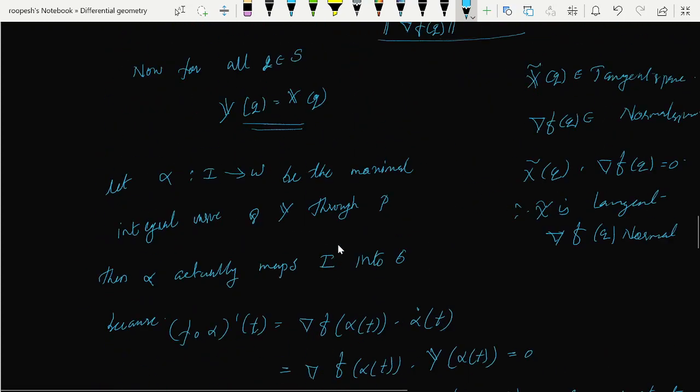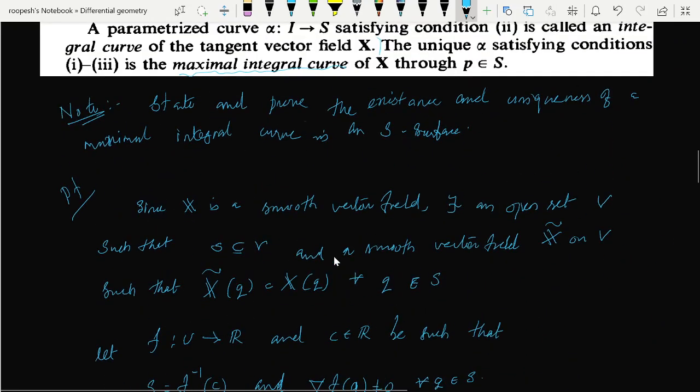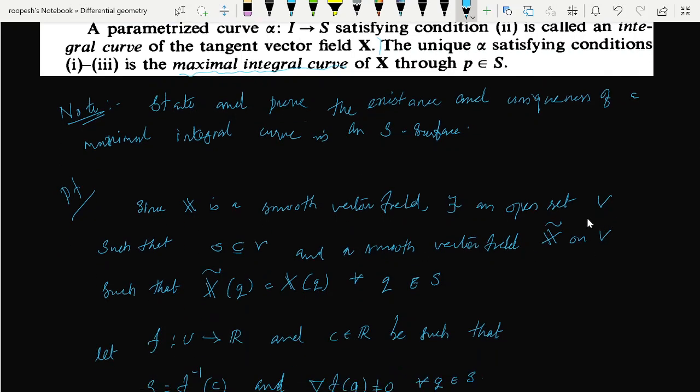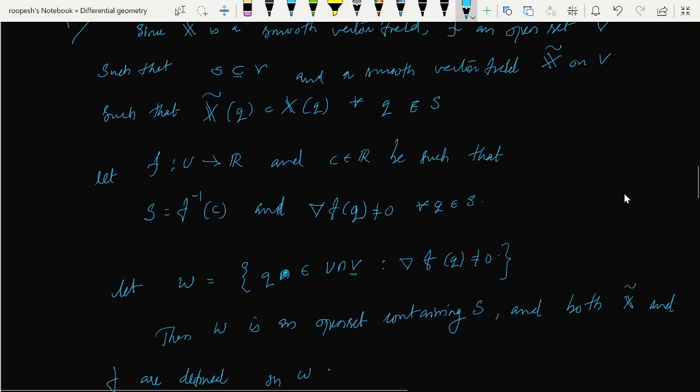So in the proof, first we use the idea that our vector field is a smooth one. Since it is smooth, we can find an open set V. Next, we pick the function F used for defining our surface S. With the domains of these two, we define a set W, the set of all Q belongs to U intersection V such that del F of Q is not equal to 0.